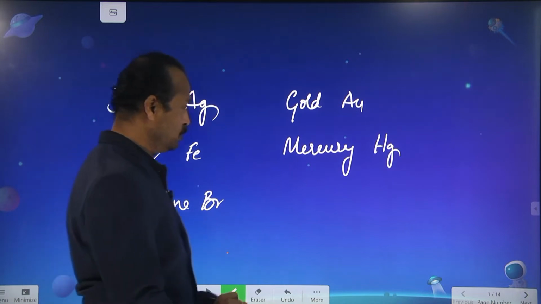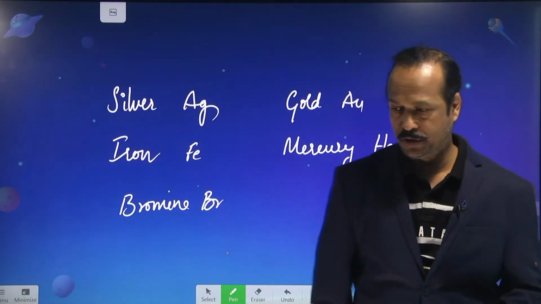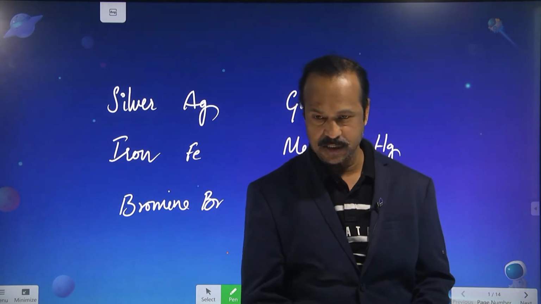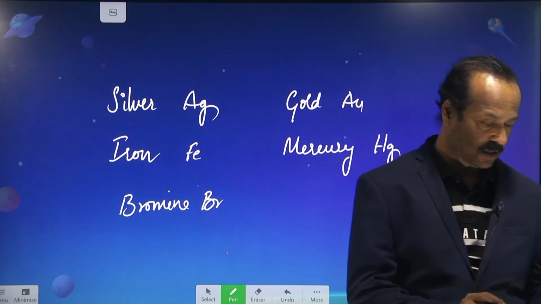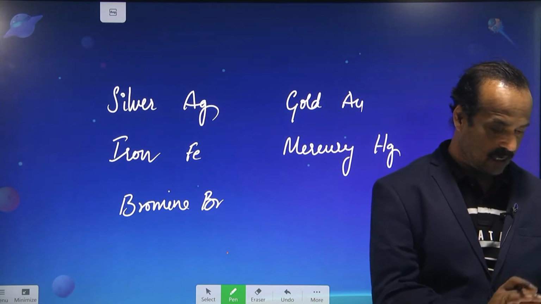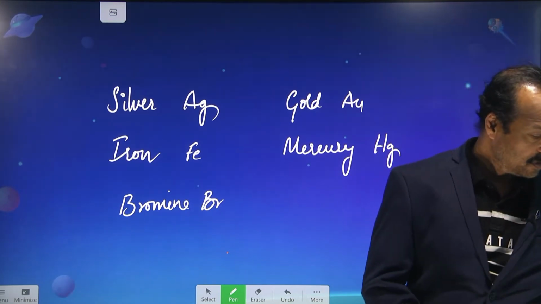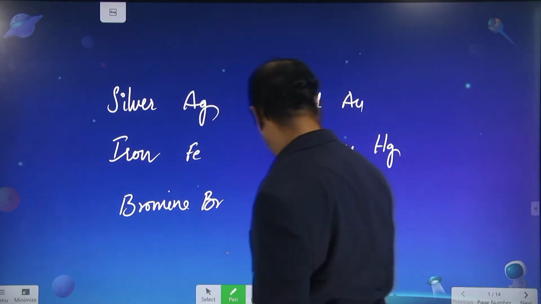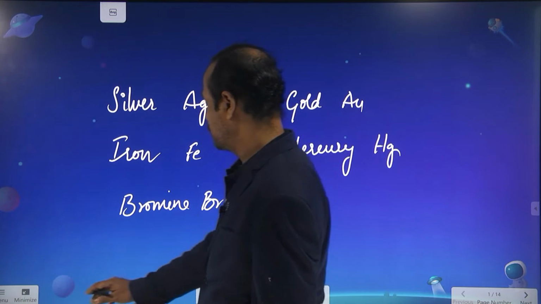Okay. So, very good. You learnt about the atoms and molecules, but you still have to learn some more elements with their symbols. These are some of the mostly asked elements that I am writing on the screen.